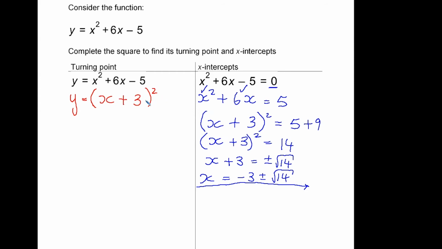Now, when I square this out, I get x squared. I get 6x. I get 9, which I didn't have. So I must subtract 9. And then I still had my minus 5 here. Now, you might be saying, wow, why here did we add the 9 and why here are we subtracting the 9?